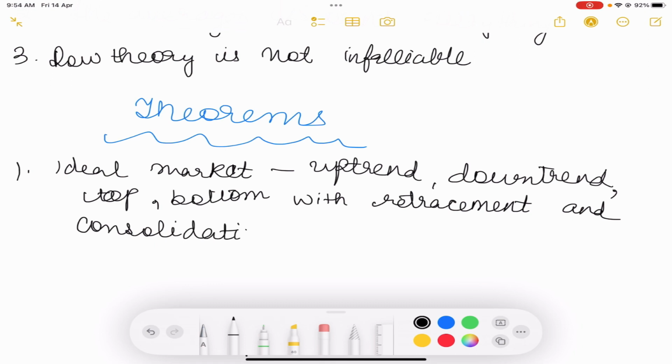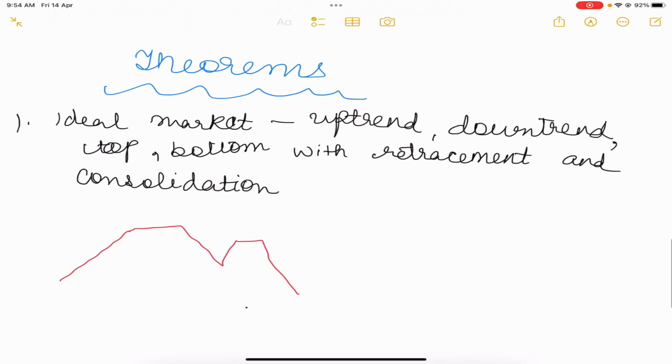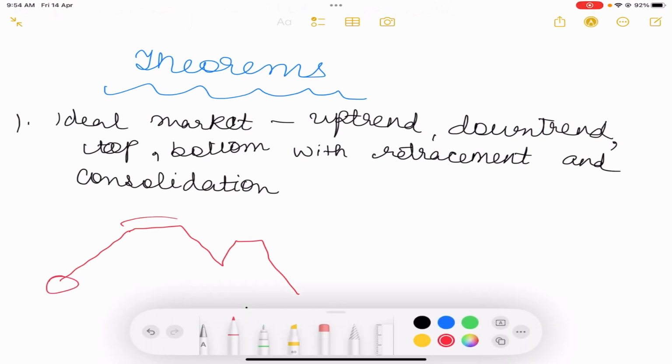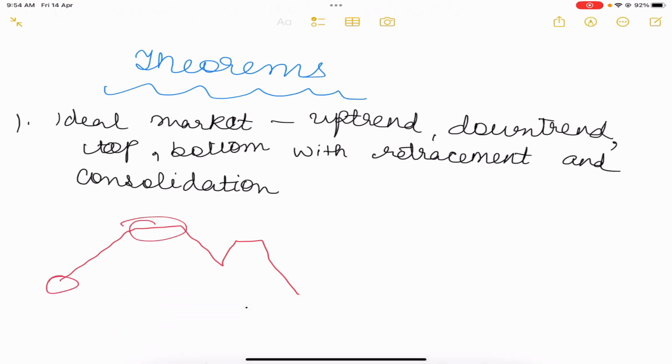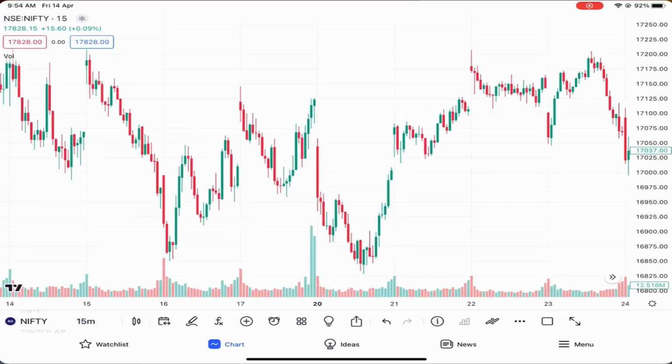They're talking about the ideal market. So ideal markets would always have an uptrend and a consolidation, a downtrend, a retracement, consolidation, a downtrend. So we have something as a top and bottom. This is my bottom, this is my top. We'll be seeing everything in detail, don't worry about that, but just look at this. They are just saying that the ideal market would be considering these phases.